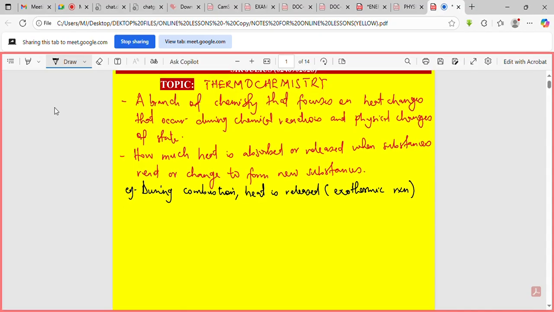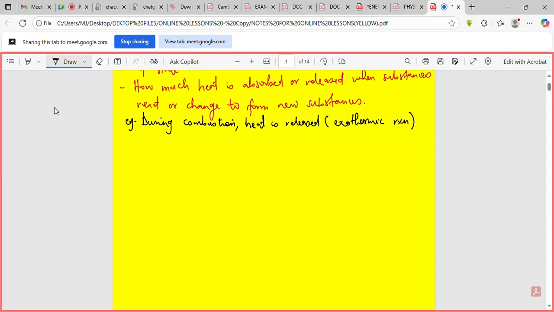So during combustion, heat is released, so the reaction becomes exothermic in nature. And during melting of ice, or let me say of shea nuts, heat is absorbed, and so the reaction will be said to be endothermic in nature.